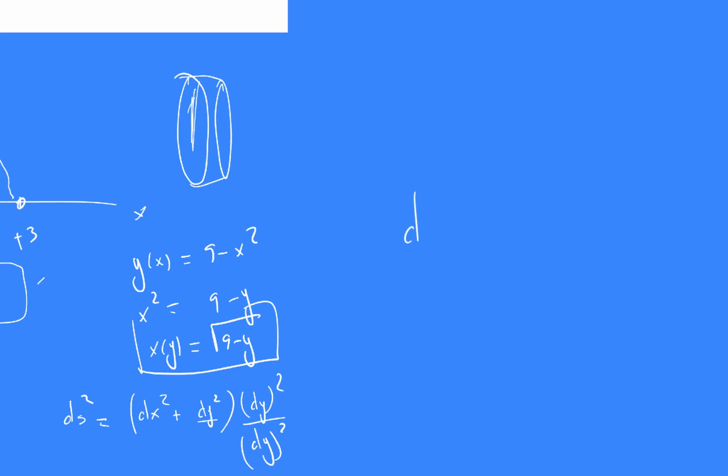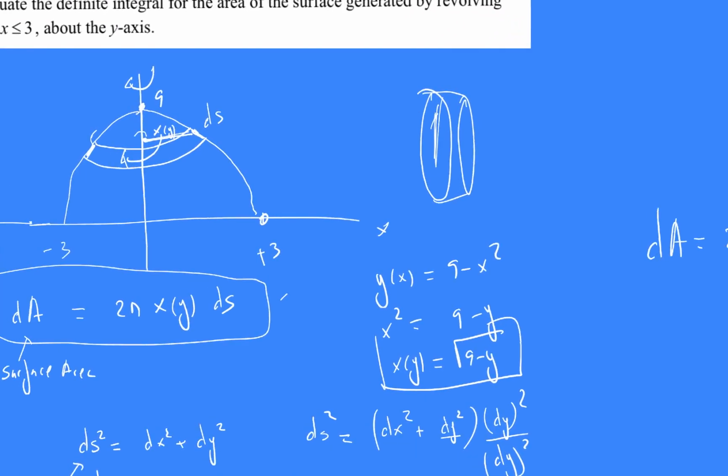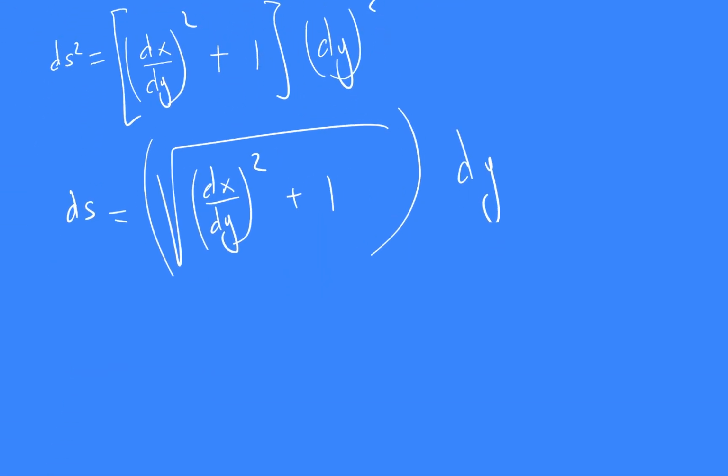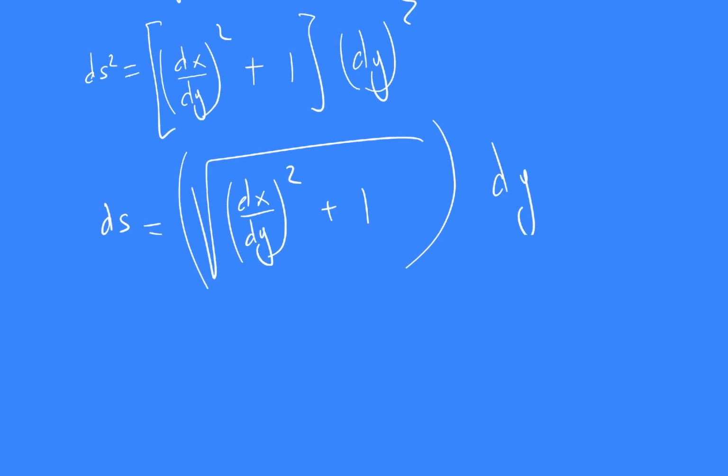So the element of area is 2 pi x of y by the element of arc length ds. Or in other words, 2 pi times the square root of 9 minus y by ds. But for the element ds, I need to use this formula. So let's find x of y.